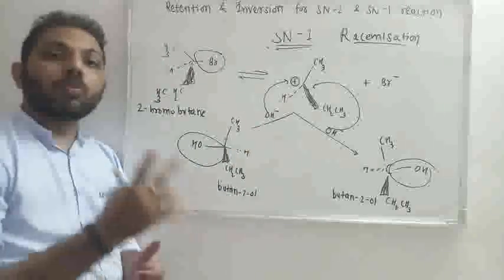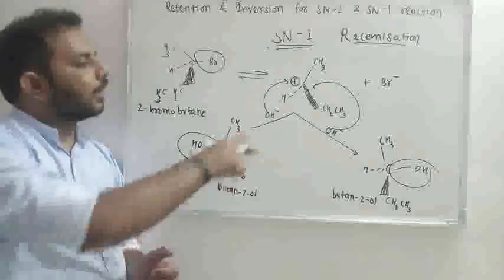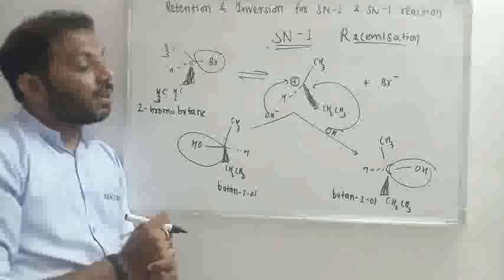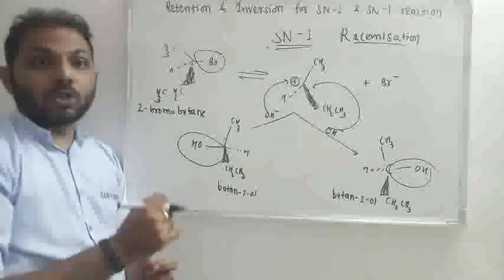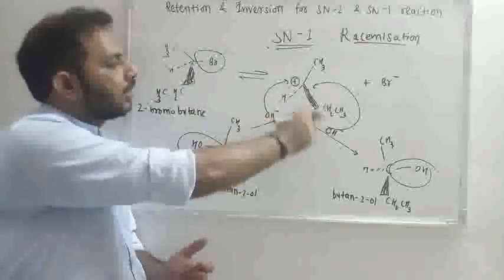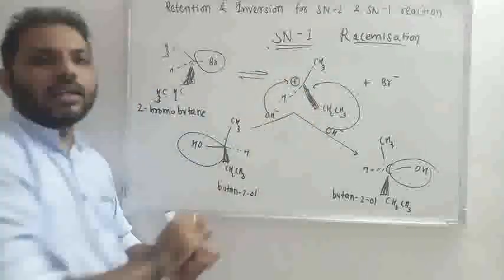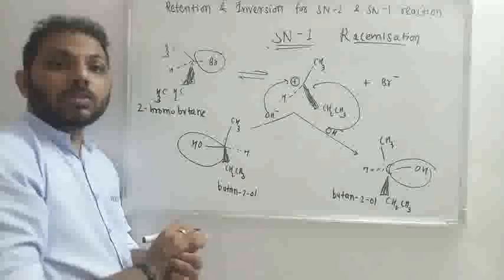We are getting two products in the SN1 reaction because carbocation formation is there. After formation of the carbocation, OH minus can attack from this side or from this side. So two possibilities are there.